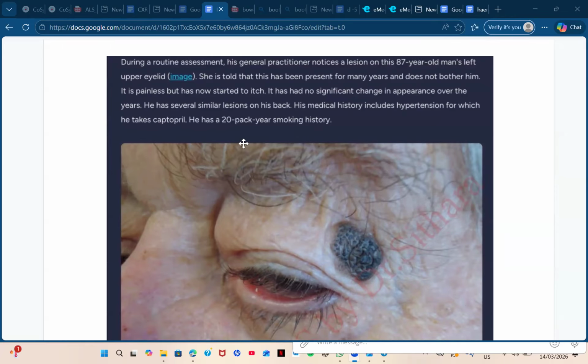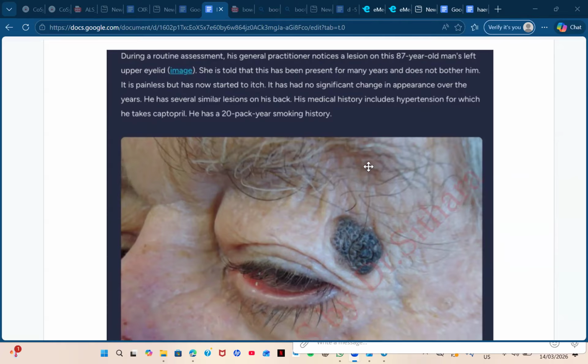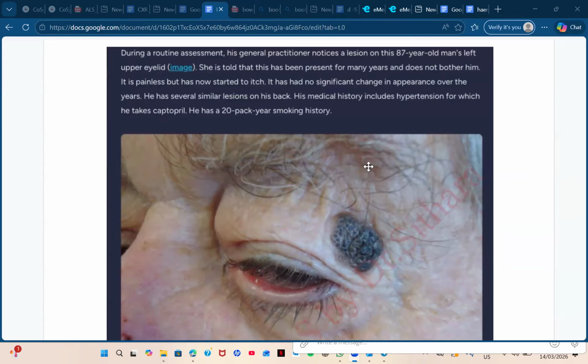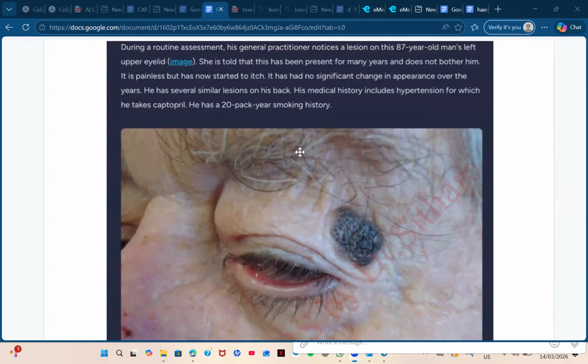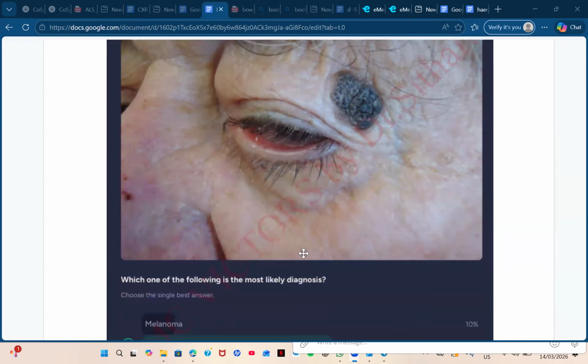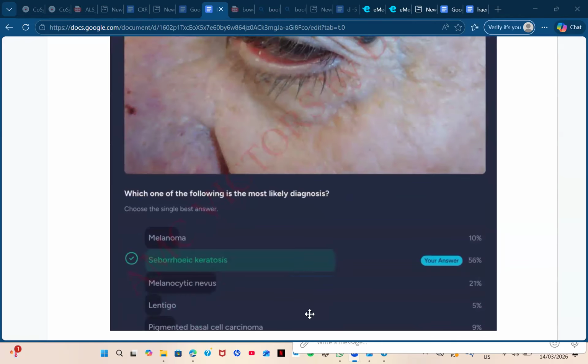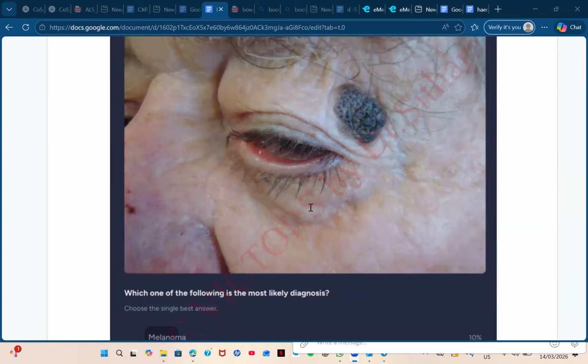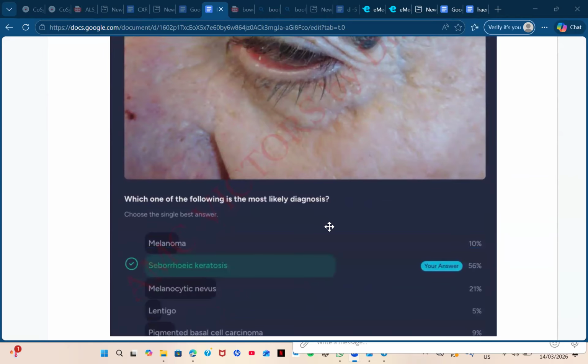He has several similar lesions on his back. His medical history includes hypertension, for which he takes captopril, and he has a 20 pack year smoking history. Which of the following is the most likely diagnosis? In this picture, you can see it is a seborrheic keratosis, right, doctors?